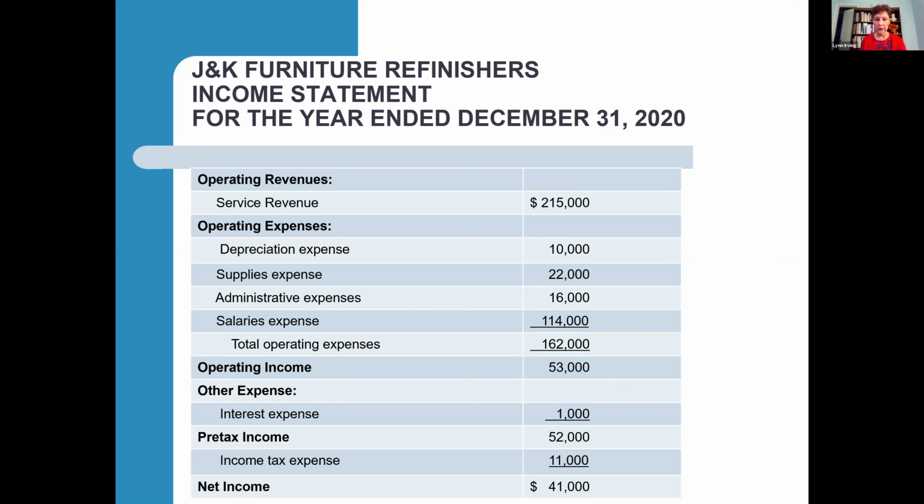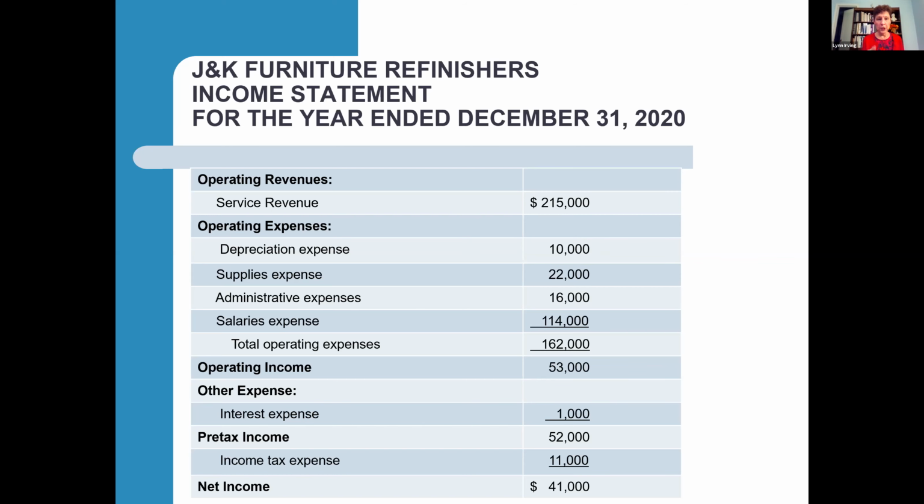You would deduct the 162 of operating expenses, and you get to that subcategory called operating income of 53. You deduct 1,000 more of interest expense to get to pre-tax income of 52. And then finally, your last step there, you pull out the $11,000 of income tax expense, and there you are, bottom line net income, 41,000.